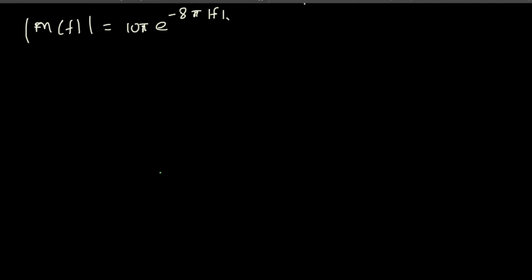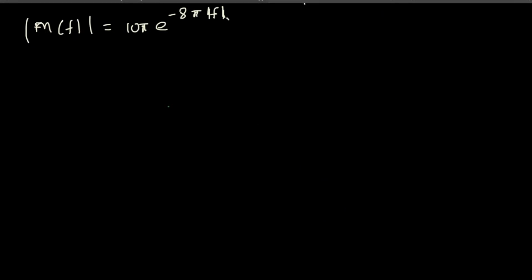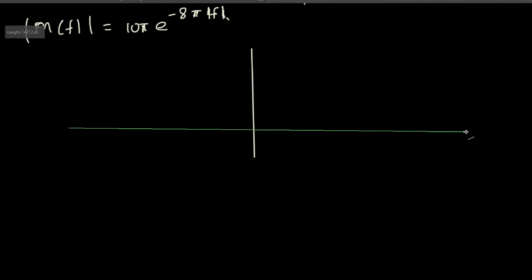Okay, so this is what we have, and it doesn't even necessarily need the conversion, but it's okay. This is what we have. And then once we have done that, now we can go ahead and draw the graph. So initially the graph is going to look like this.